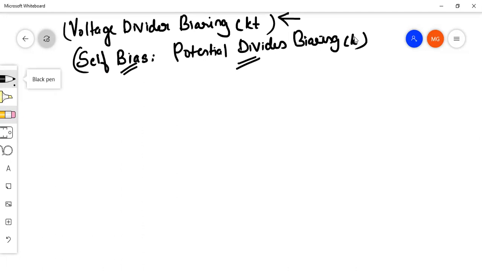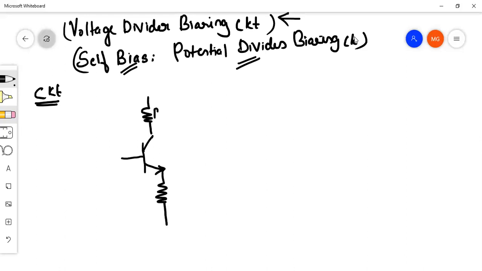First, we discussed its basic circuit diagram. The circuit diagram is related to the common emitter configuration.